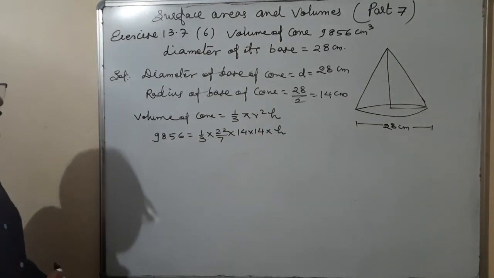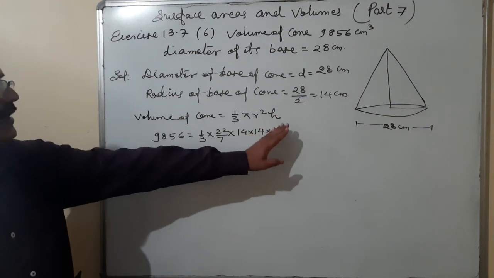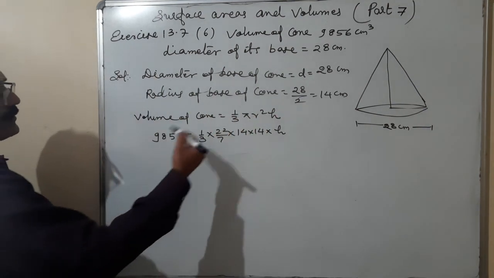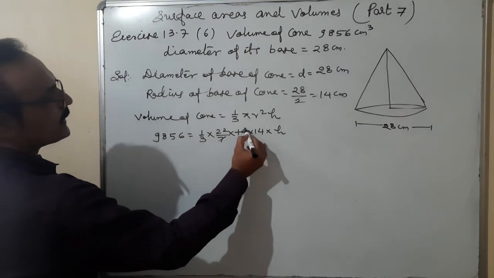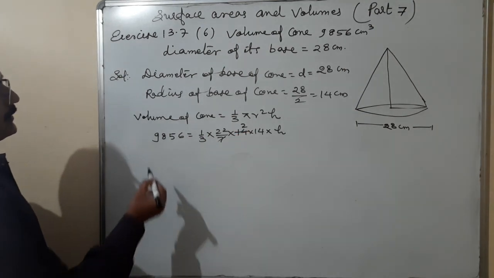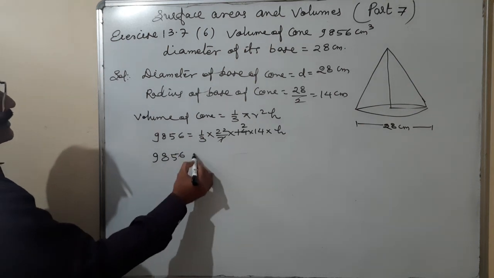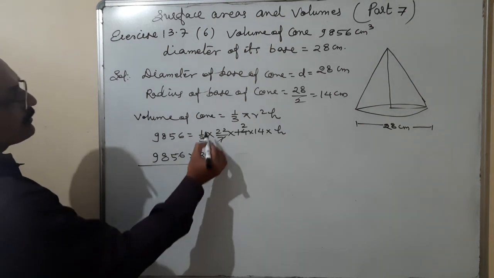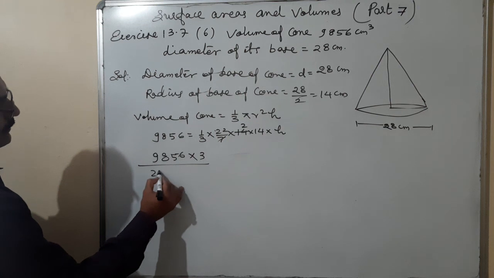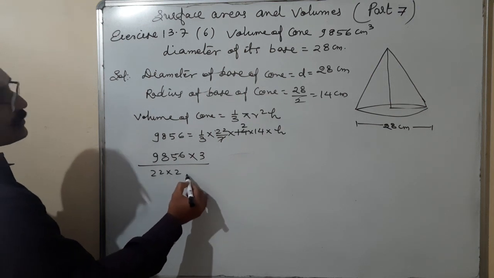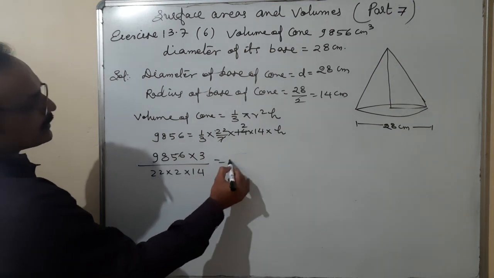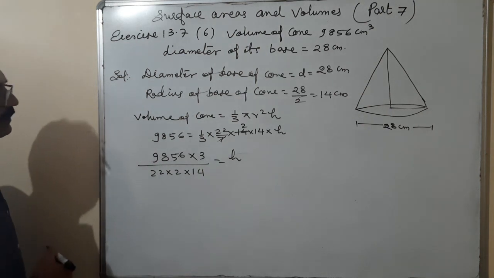Only the unknown term h should be left here, other terms will be shifted. But before that, the terms which are cancelled. So 9856 multiplied by 3 upon 22, 2 and 14 is coming to denominator is equal to h.